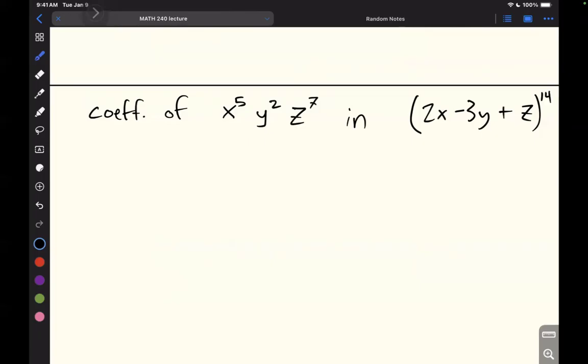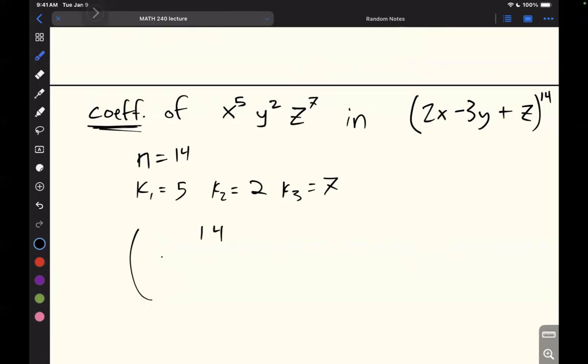So we know our n and we know our k's. So n is 14, k1 is 5, k2 is 2, k3 is 7. So we have our pieces, and we want to know what's the coefficient of that. So from experience, we can say 14 choose 5, 2, and 7. That's great.